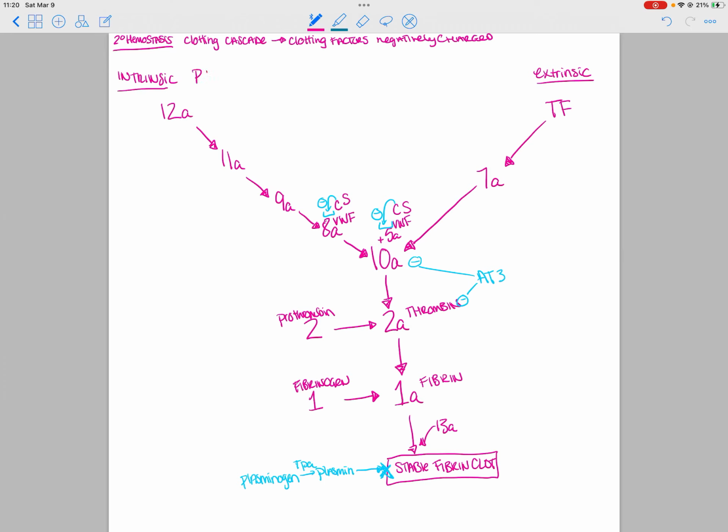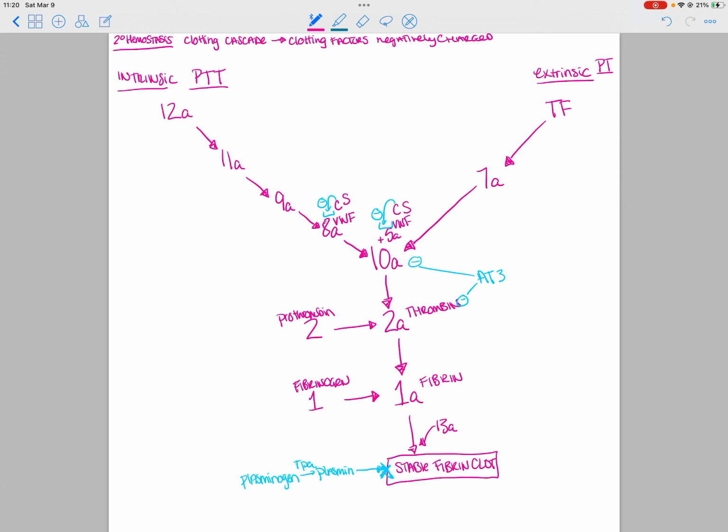Well, we play table tennis inside. So PTT is the lab value that will be used to determine if the intrinsic pathway is functioning optimally or if it's not, right? And then the extrinsic pathway, you play tennis outside. So PT is used to determine if the extrinsic pathway is functioning optimally or not.